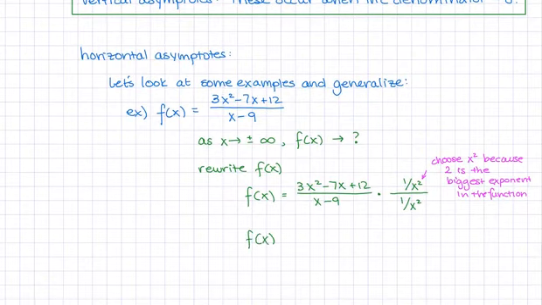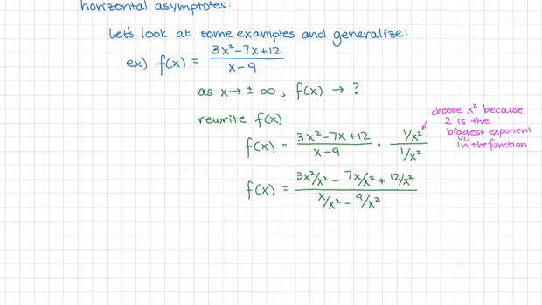So what that's going to look like is f of x equals (3x squared over x squared minus 7x over x squared plus 12 over x squared) all over (x over x squared minus 9 over x squared). So I've just made it really ugly. What I'm going to do is simplify each one of those individual fractions.